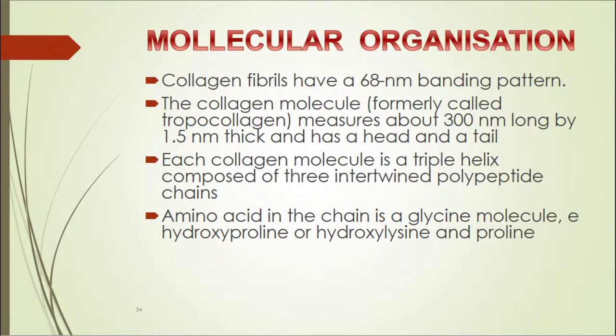Well, let's now talk about molecular organization. Collagen fibers have a 68 nanometer banding pattern. The collagen molecule, formerly called tropocollagen, measures about 300 nanometers long and 1.5 nanometers thick. Each collagen molecule is a triple helix composed of three intertwined polypeptide chains.